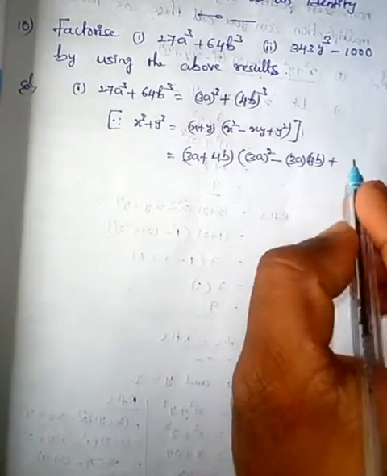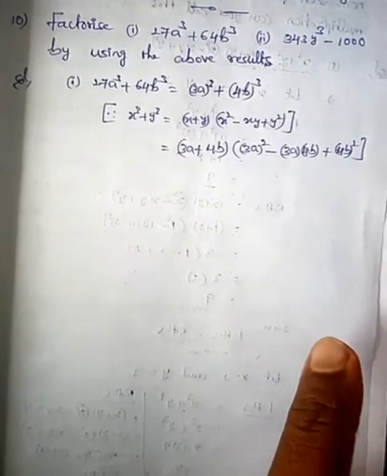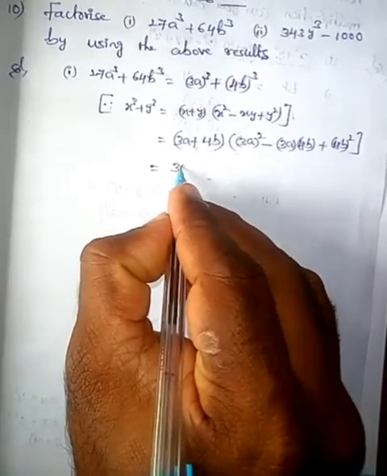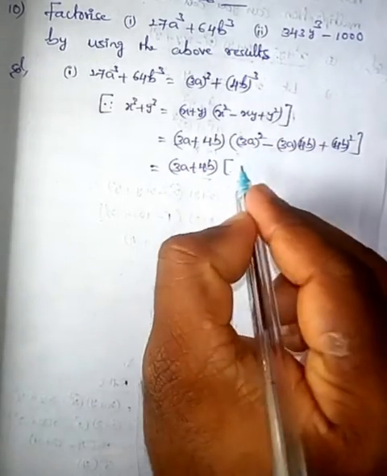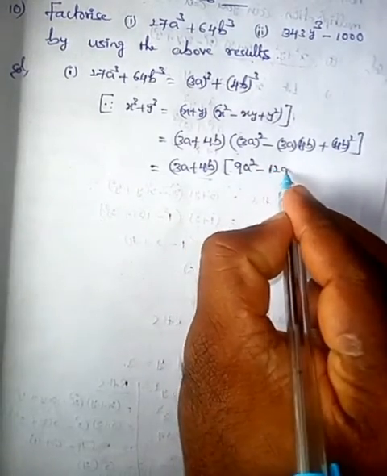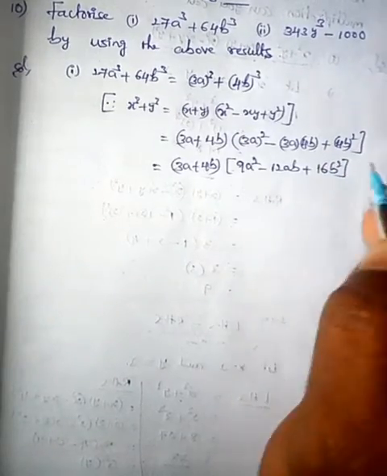What is y here? 4b, that is 4b whole square. Okay, now simplify this further, that is 3a plus 4b into 3a whole square, that is 9a square, 3 into 4, 12ab, plus 4b whole square, that is 16b square.